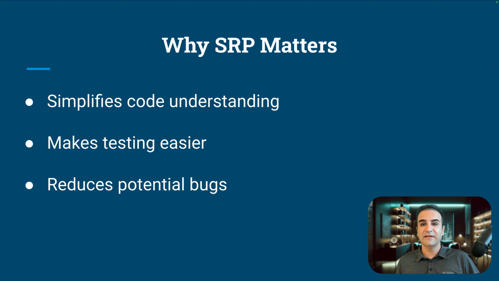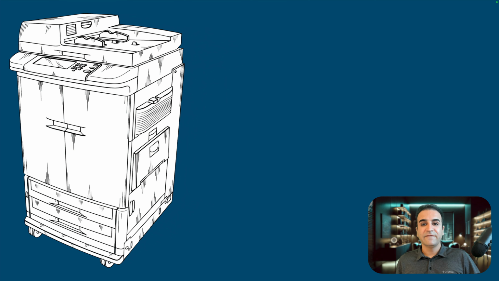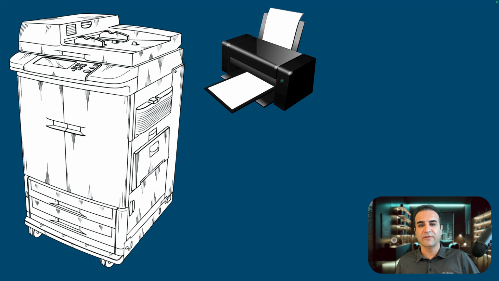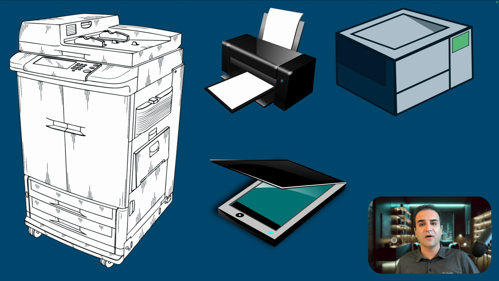Now let's bring this concept to life with a real-world example. First, imagine a multifunctional machine that can print, scan, and copy. If this machine breaks down, you lose all 3 functionalities at once. Next, compare that to having separate devices: a printer, a scanner, and a copier.